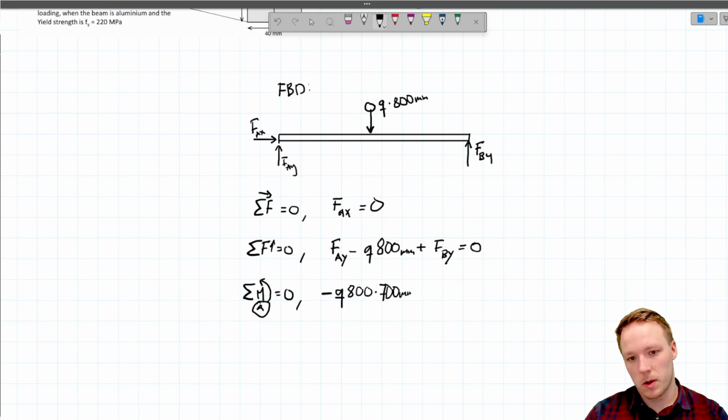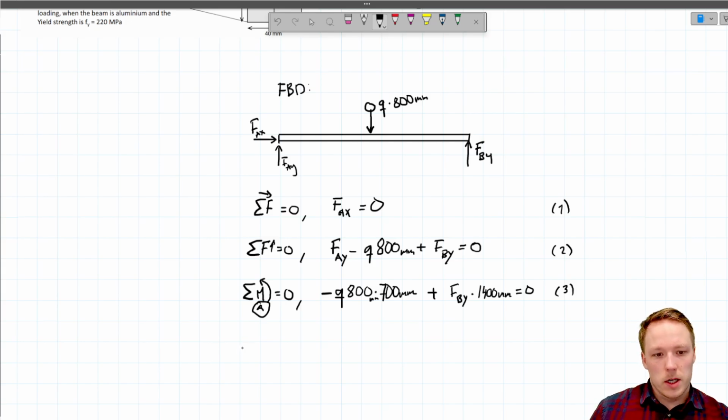The length of the beam was 1400. Plus our FBY is rotating to positive direction, counterclockwise, which is the positive direction. And we have here FBY multiplied by 1400 millimeters, and this as well has to be 0. So these are equation 3, equation 2, and equation 1.